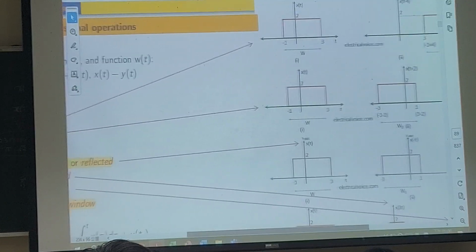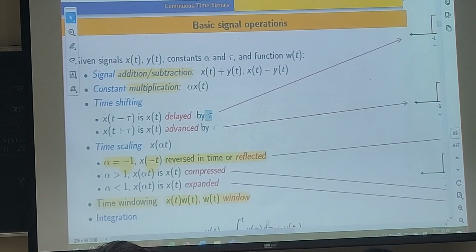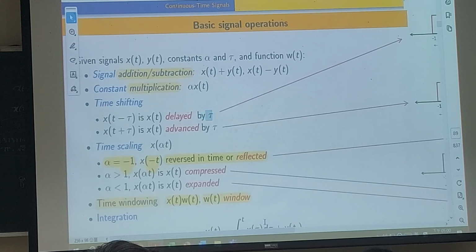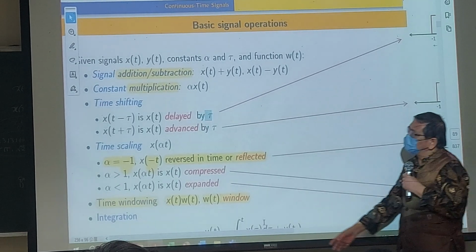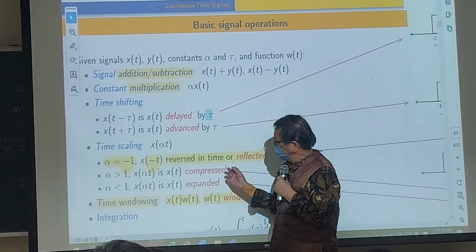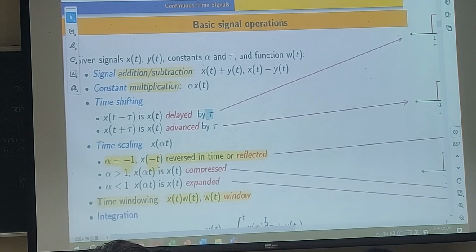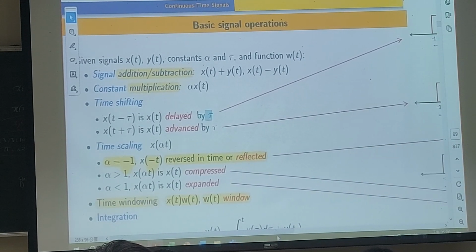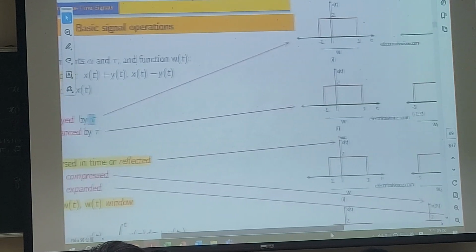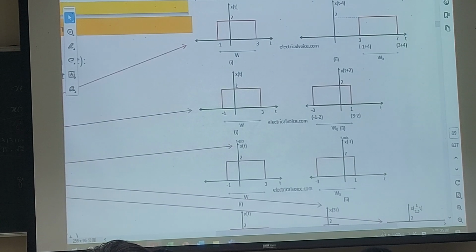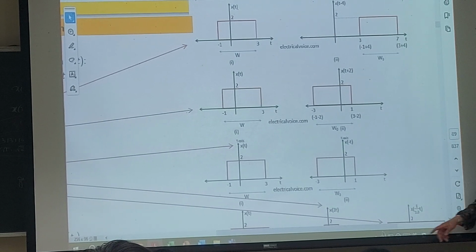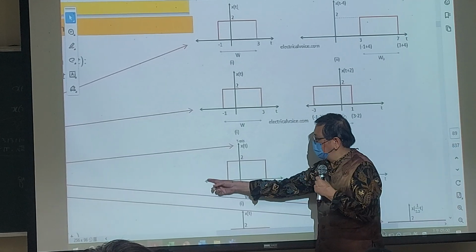Another one: if I need to reflect the signal, x of -t, what is that? We flip the signal. Again, we start from this original signal. Suppose this is an example.